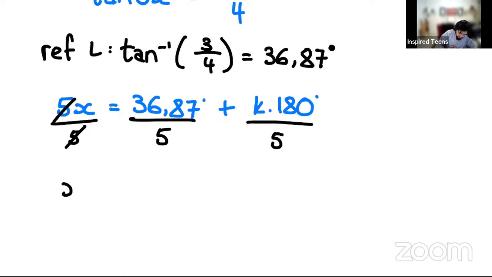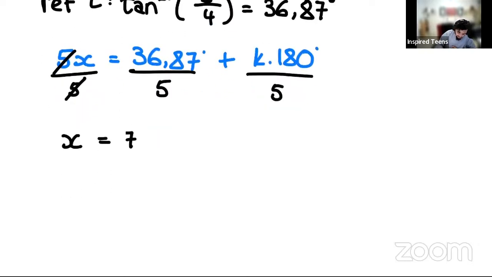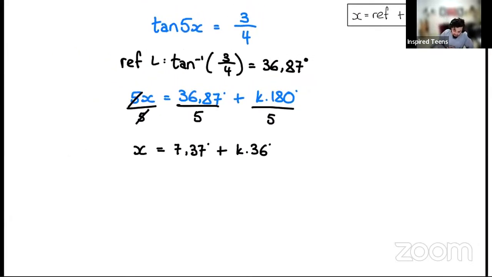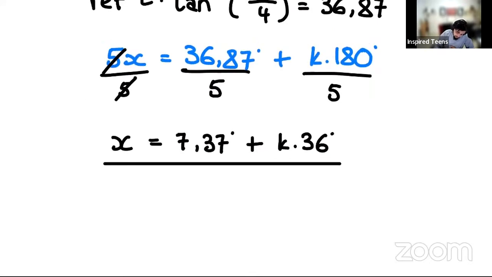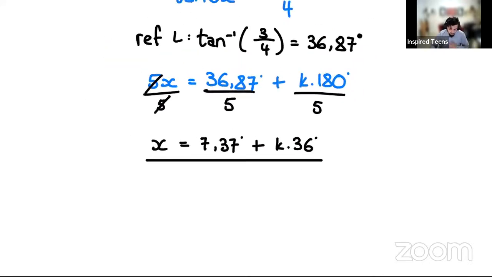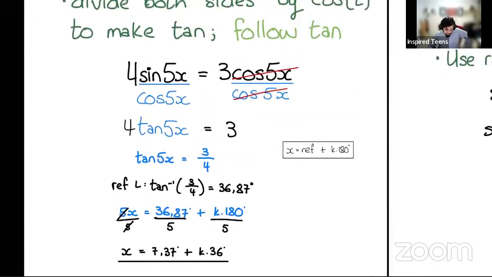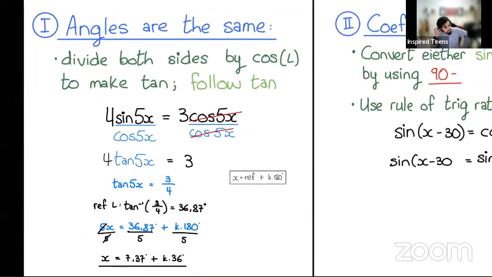So x is equal to 36,87 divided by 5, which is 7,37, plus k times 180 divided by 5, which is k times 36. So in its most simplified form, we have 7,37 plus k times 36.